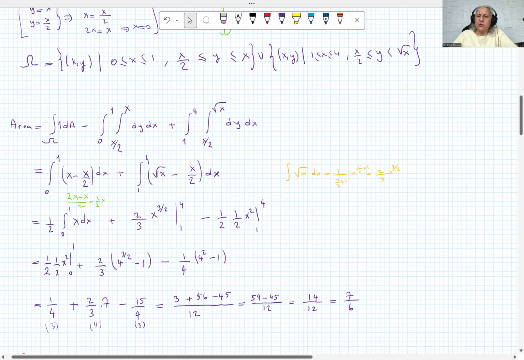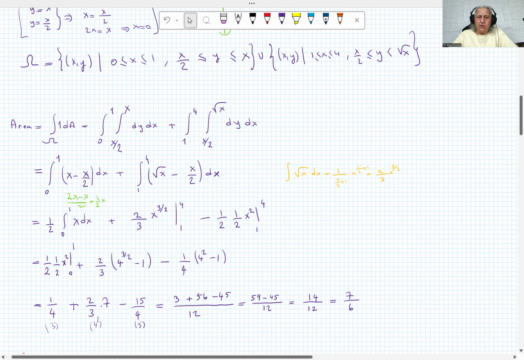The integration of root x is 2 over 3 x to the 3 over 2. And here we have 1 over 2, and then the x will be 1 over 2 x squared when we integrate x. Substituting the boundaries with the numbers, then we have 1 over 4 from here.